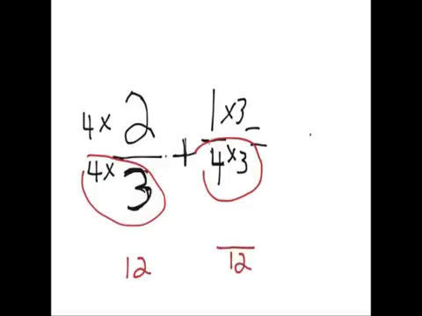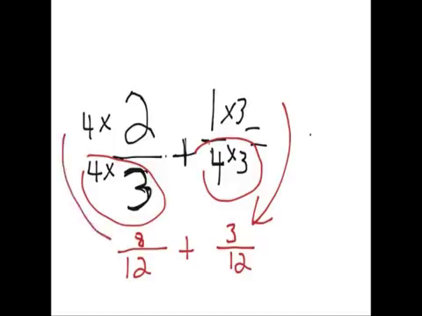And that 12 is going to be joined by 4 times 2 in the first term, which is 8. And then in the second number here, 1 times 3 is going to be 3. So you see what we've done. We've just taken these numbers and multiplied them times one another.